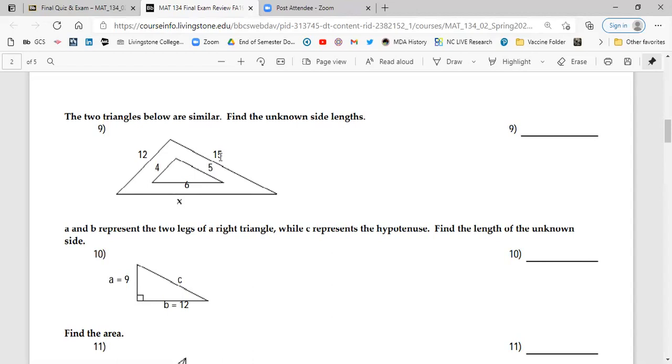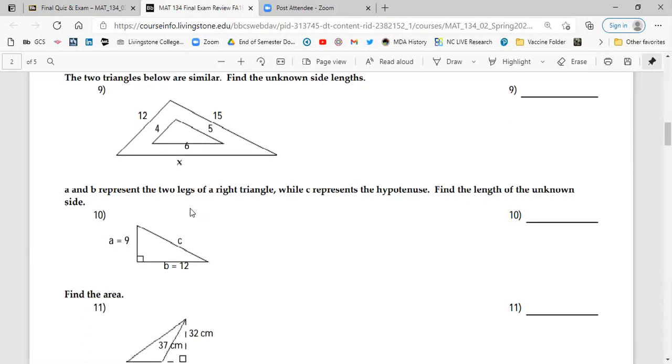Since 5 is a third less than 15, then 12 and 4 is a third, and so 12 is 3 times 4, and 5 is 3 times 15, then x is going to be 6 times 3, right? Which will be 18. All right.